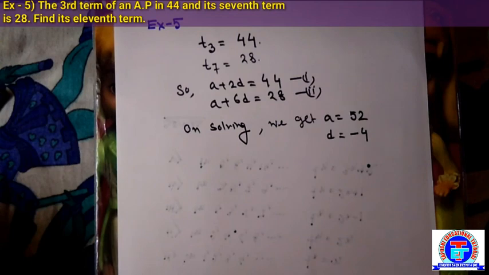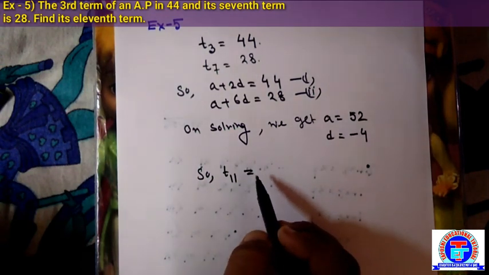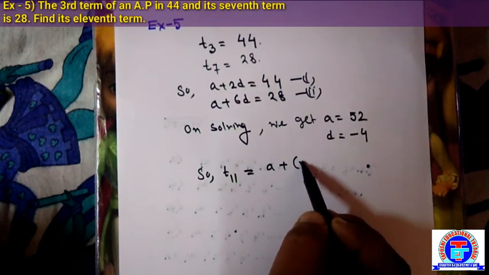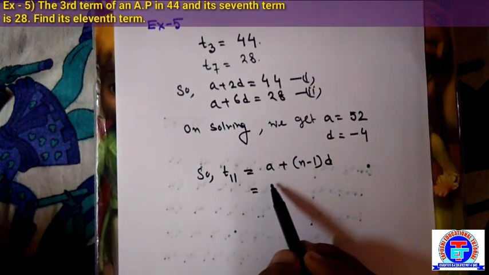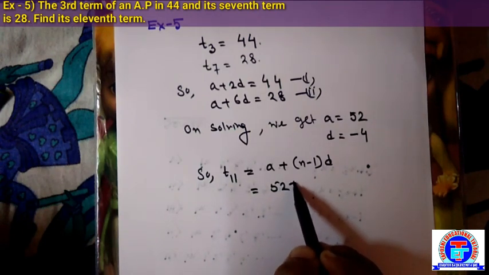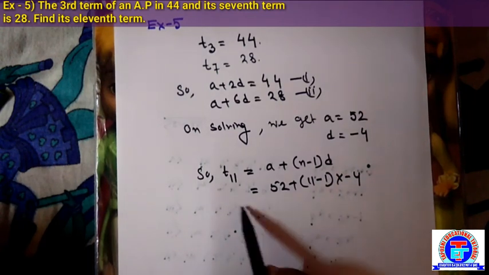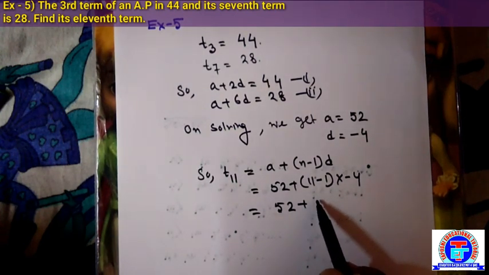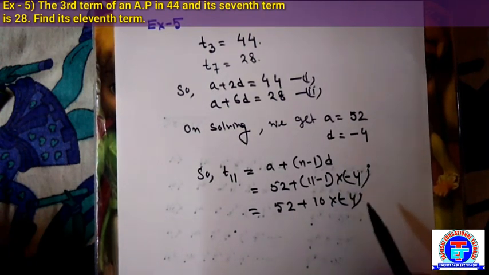So for the 11th term, T11 is equal to, we can write, a plus n minus 1 d. It will become 52 plus 11 minus 1 into minus 4. That means 52 plus 10 into minus 4, right?